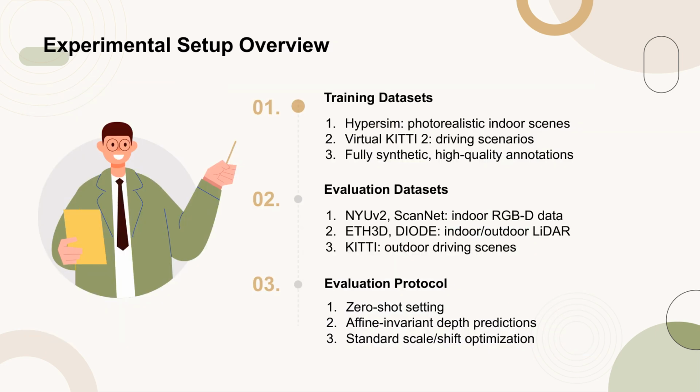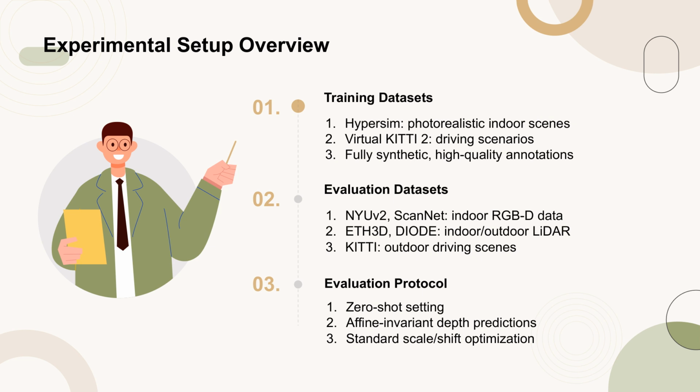The experimental setup involves using specific datasets for training and evaluation. For training, the HyperSim dataset, which consists of photorealistic indoor scenes, and the Virtual KITTI 2 dataset, which covers driving scenarios, are used. Both of these datasets are fully synthetic and provide high-quality ground truth annotations.